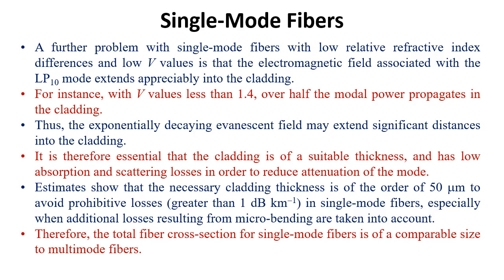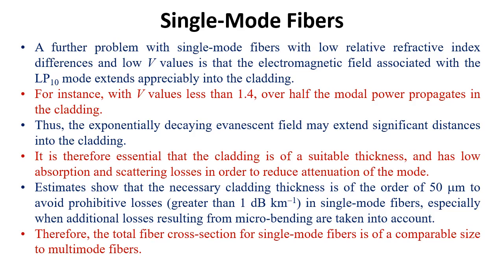Thus, the exponentially decaying evanescent field may extend significant distances into the cladding. It is therefore essential that the cladding is of suitable thickness and has low absorption and scattering losses in order to reduce attenuation of the mode. That means not only the core, we have to take care of the cladding as well. That's the problem.